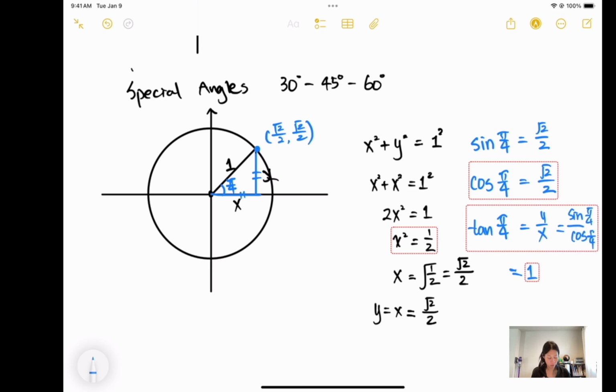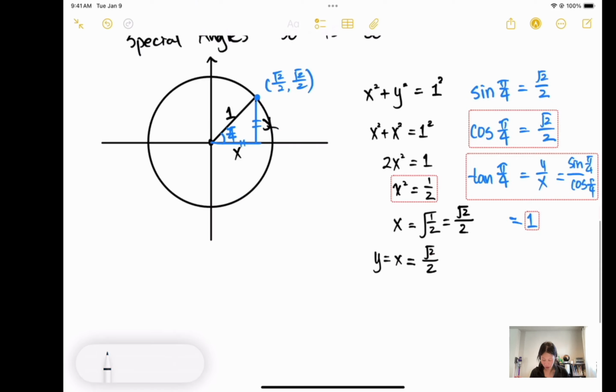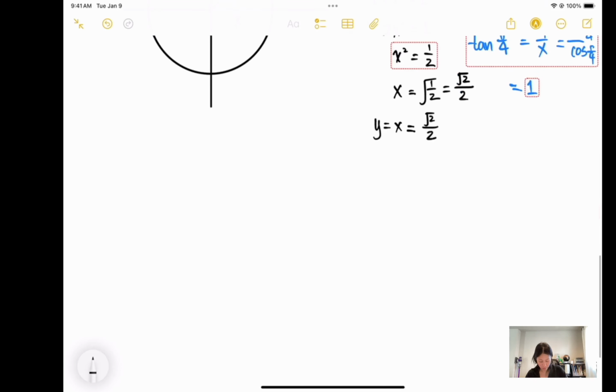Now, next, it will be our 30 degree angle. So in a 30-degree angle, let me draw the angle. Okay, that's 30 degrees.